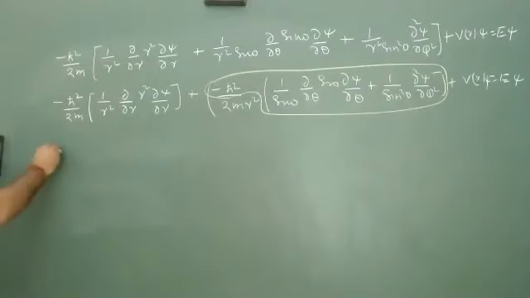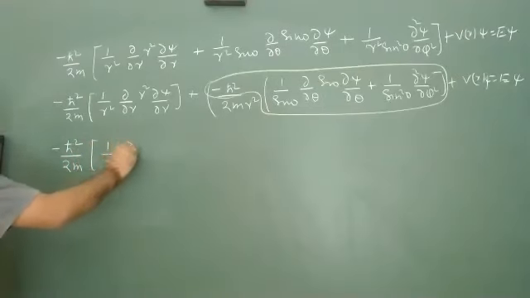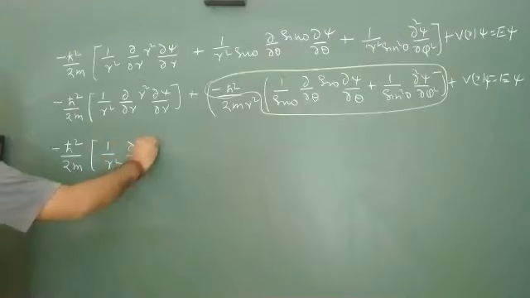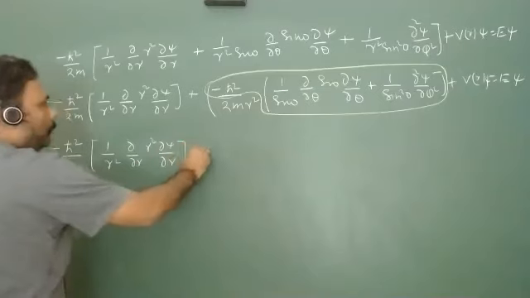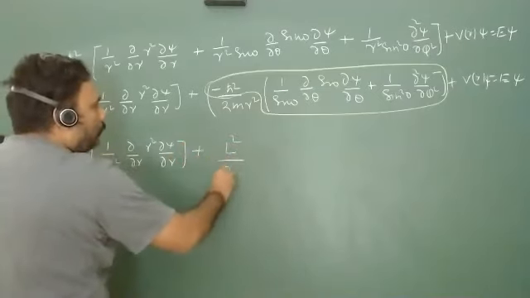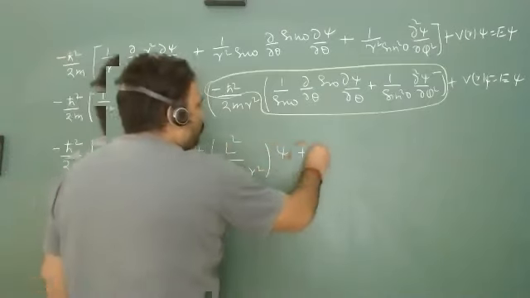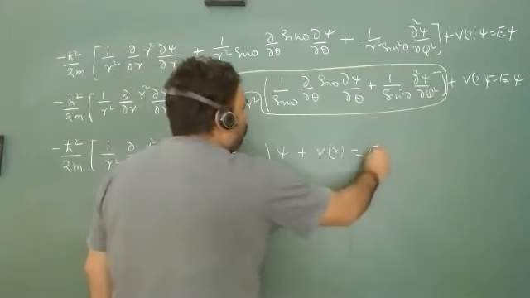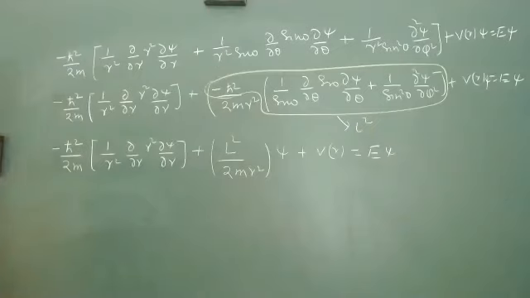So what I can do: minus h cut square upon 2m, 1 upon r square del upon del r, r square del psi upon del r, plus L square upon 2m r square psi, plus V(r) psi is equal to E psi, because I have written this term as the operator L square. And hence, H is going to commute with L square.